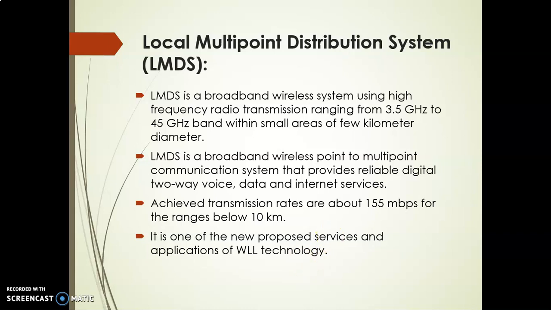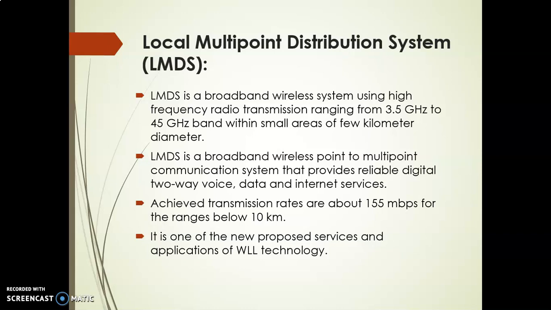Now, LMDS is a broadband wireless point to multipoint communication system that provides reliable digital two-way voice, data and internet services. In LMDS, the voice, data and internet services are provided, and all these services are two-way process.